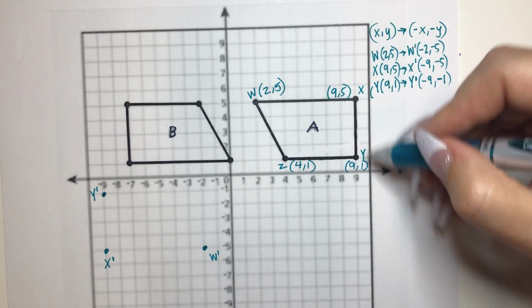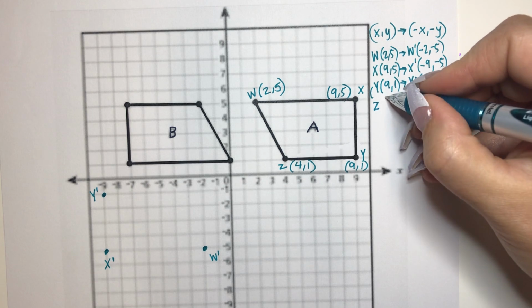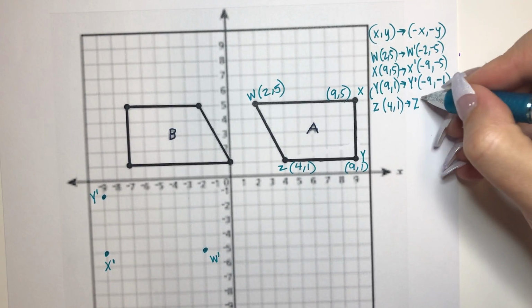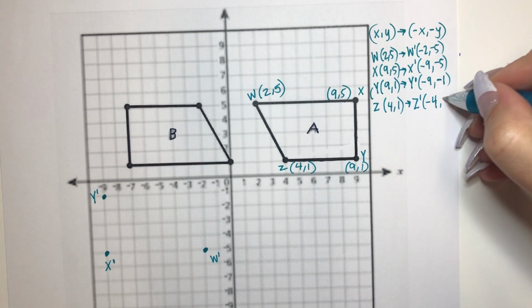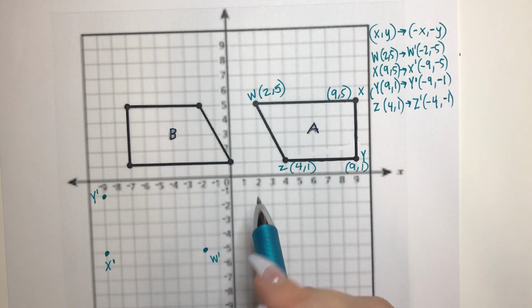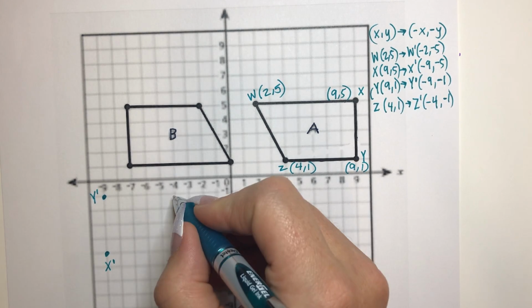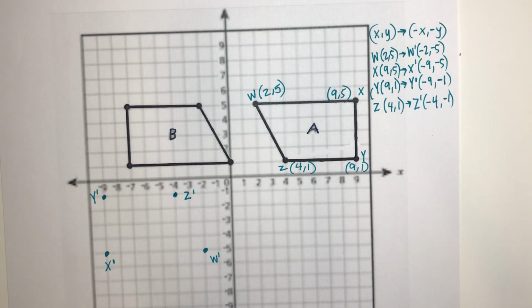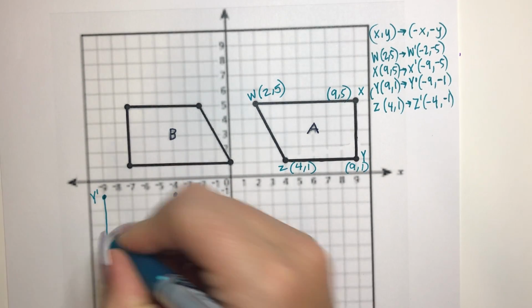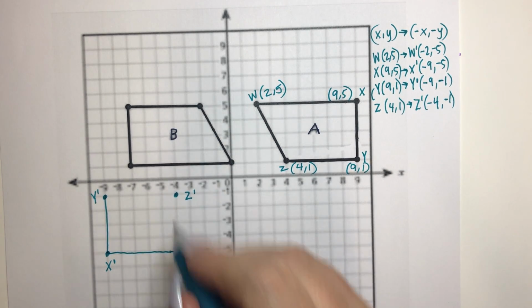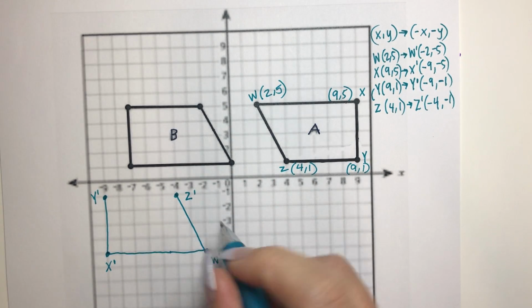And lastly, Z, (4, 1) going to Z prime, (negative 4, negative 1). And that would be Z prime. All right, so I'm just going to go ahead and make this figure here, and hopefully it's in the same position as this figure up here.